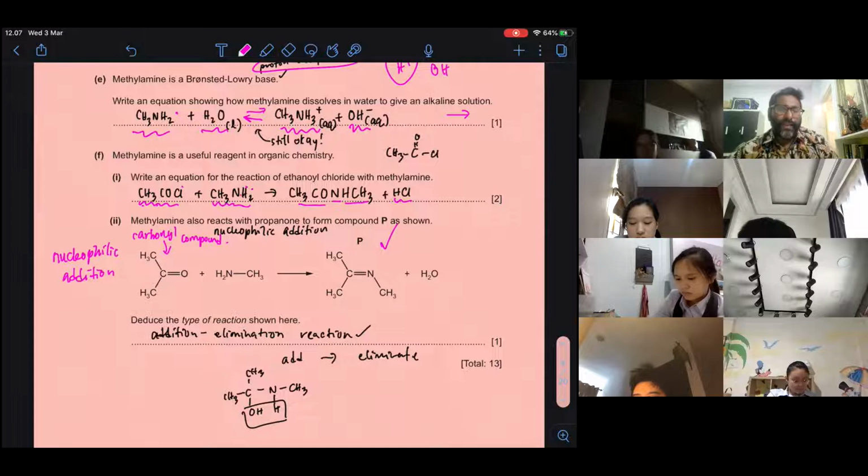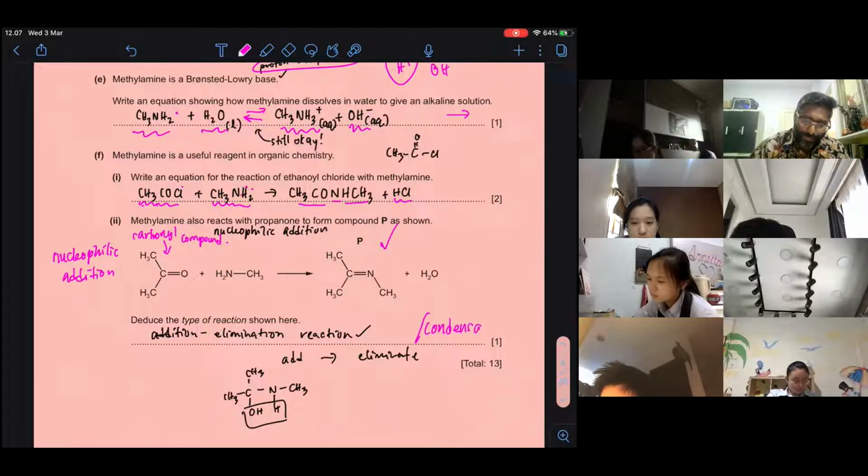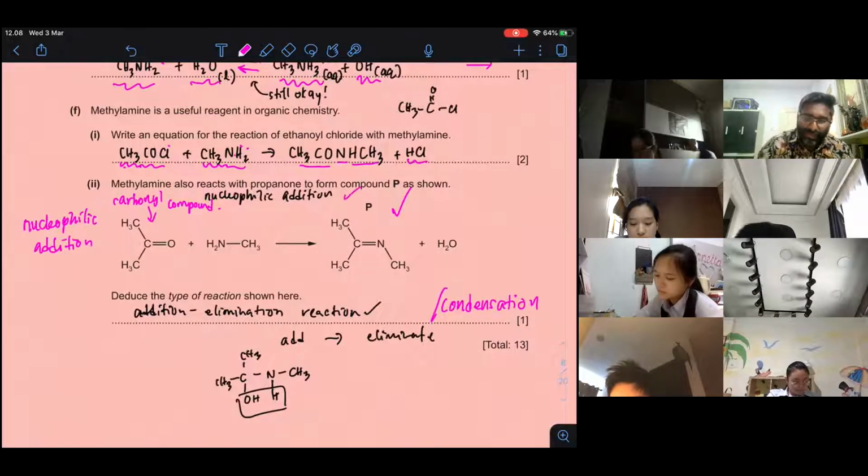If water is being removed, the type of reaction can also be written as a condensation reaction. Because water is removed. But the best answer is not condensation. The best answer is a very special type of reaction, because generally we think it's a nucleophilic addition reaction, but it's very special.